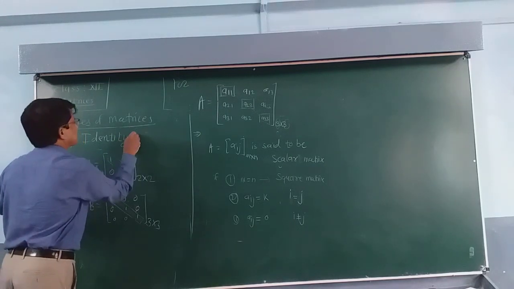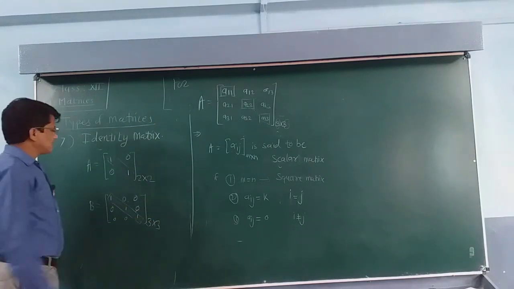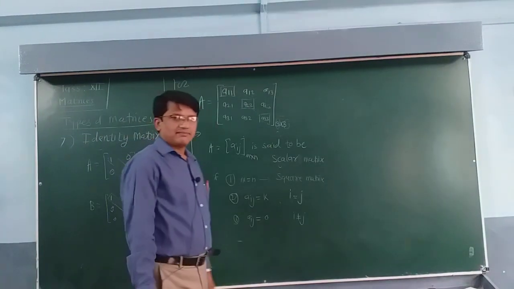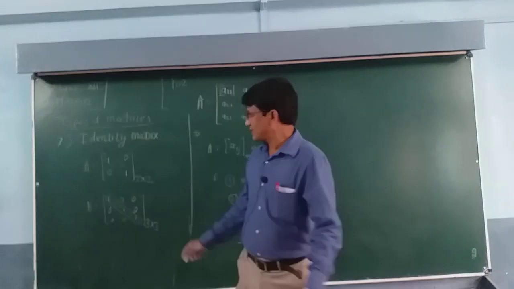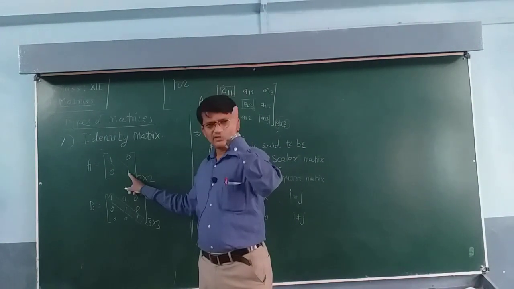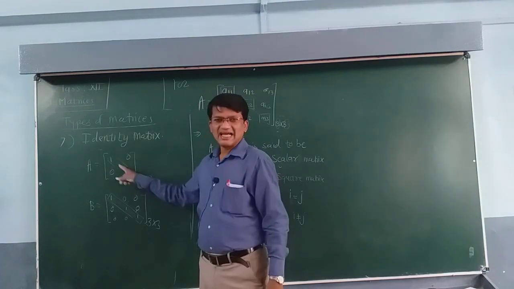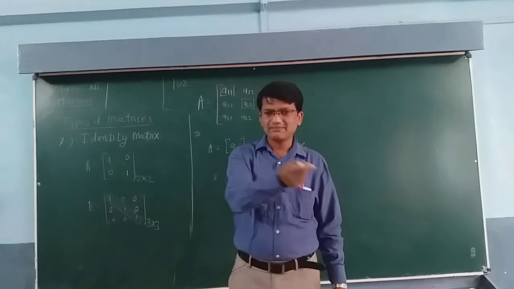This type of matrix is called an identity matrix. It is a diagonal matrix, a scalar matrix, and the diagonal elements are the same, that is 1.